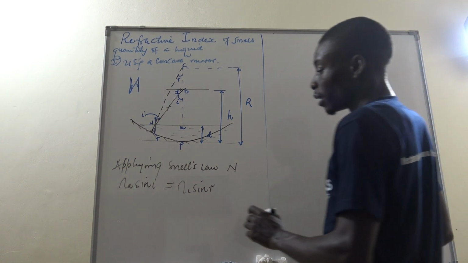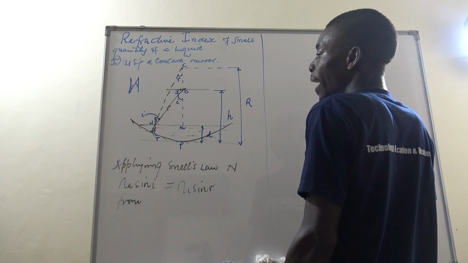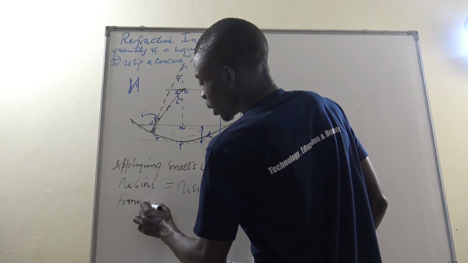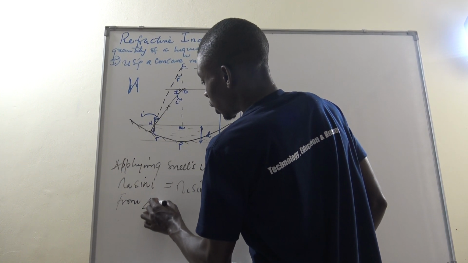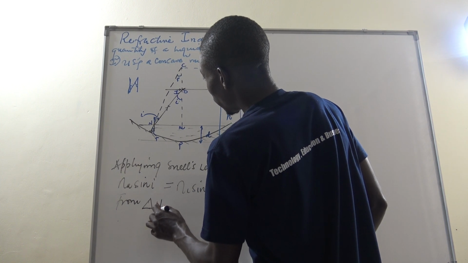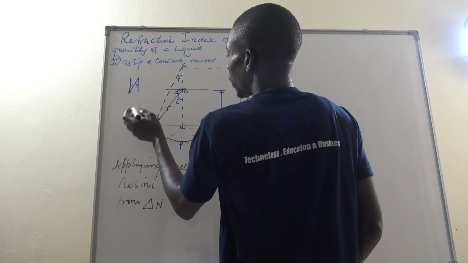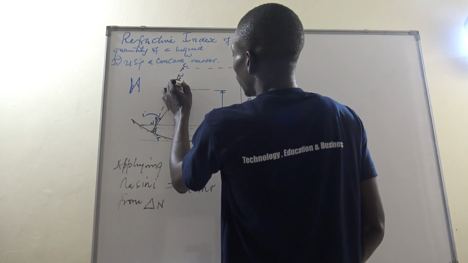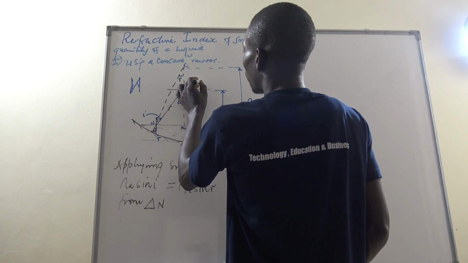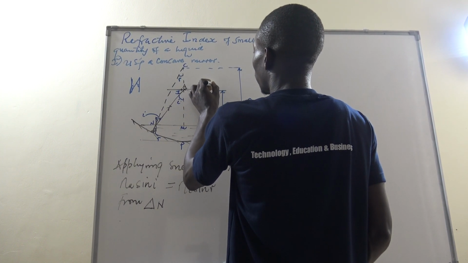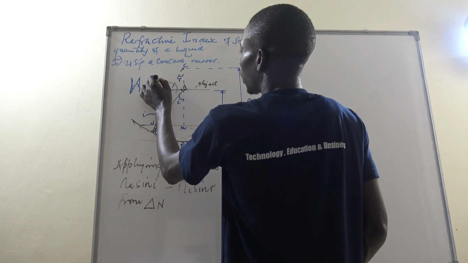Okay? And then from my triangle, this is the object, I can call this point A, and then I say this is the image.